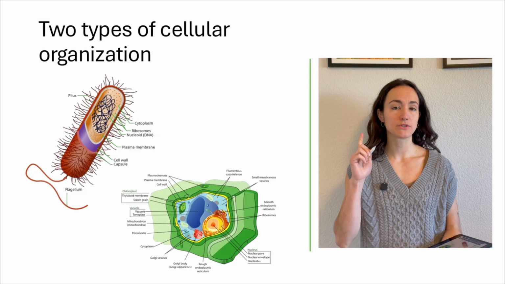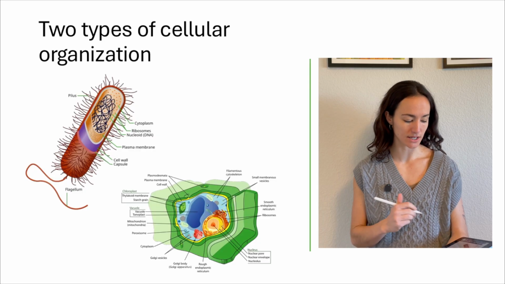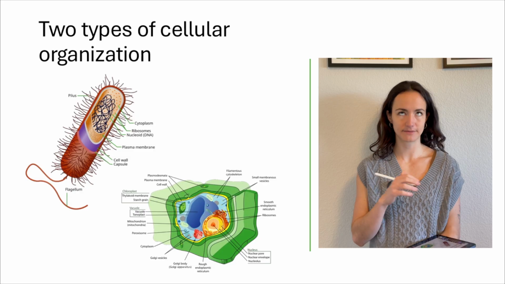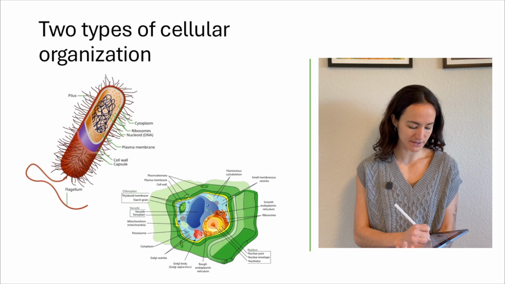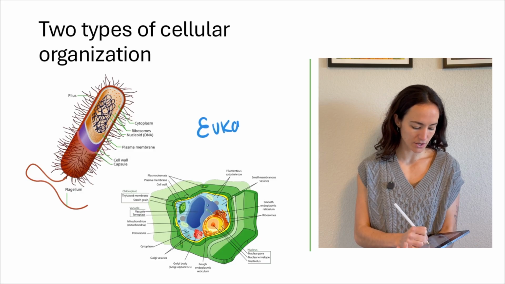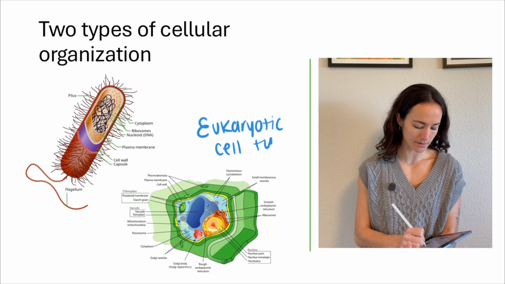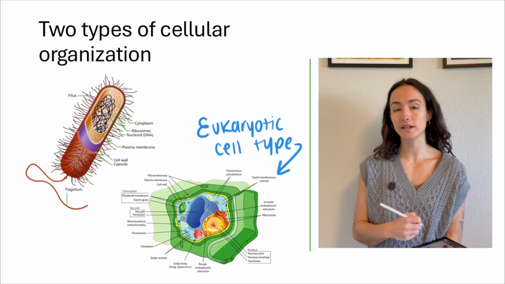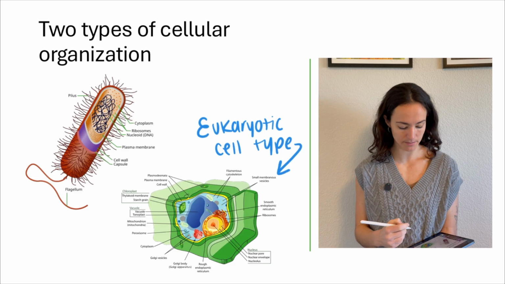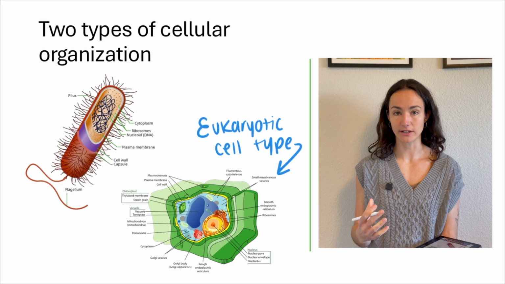So when it comes to the cells, we have two types of cellular organization, and there's different names for them. So you might have seen this before, but there is the eukaryotic cell type. Organisms that have the eukaryotic cell type fall into the domain of life called eukarya.